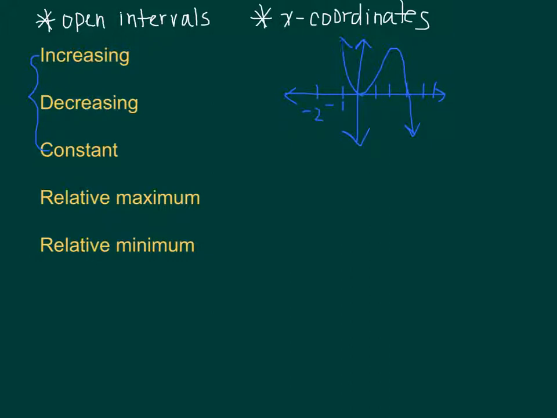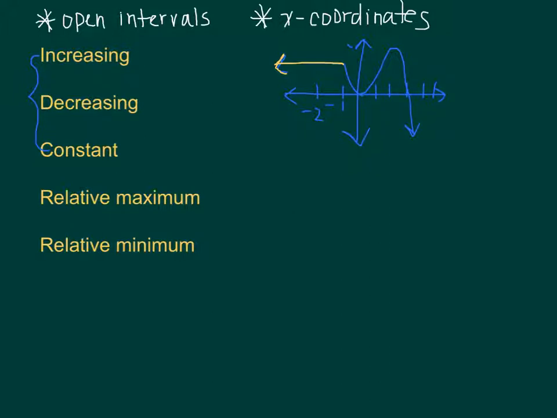Actually, I'm going to do this. Okay. And it's best to read your graph from left to right. So on this left side, from this point on, we can see that the graph is constant.